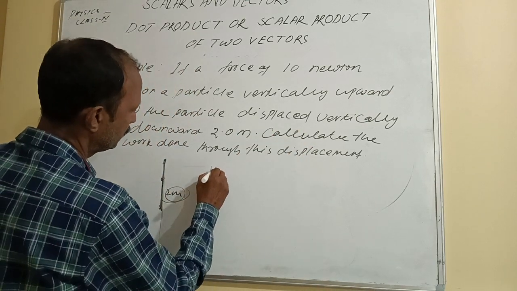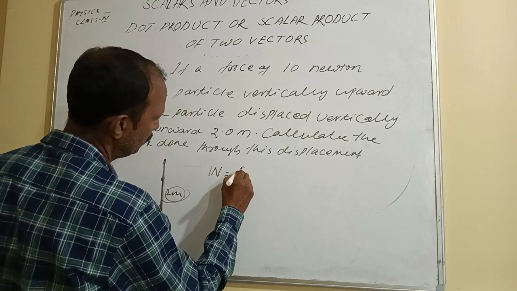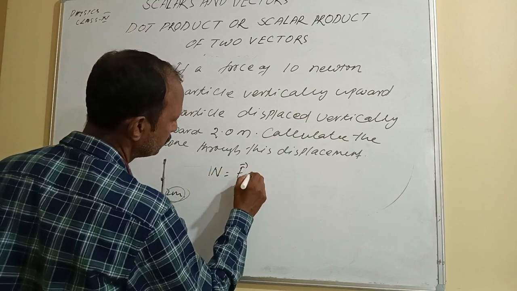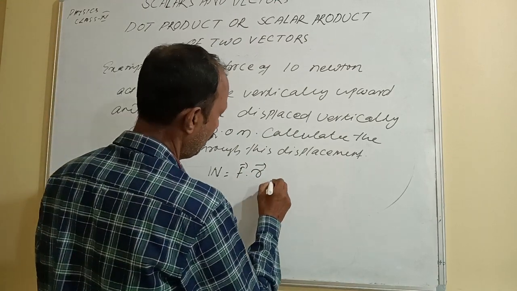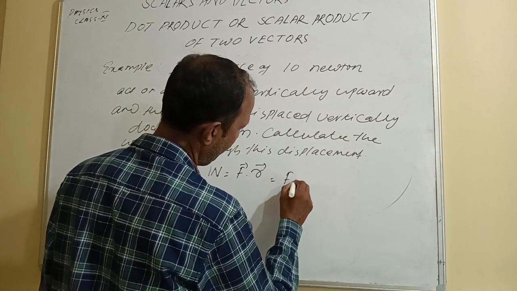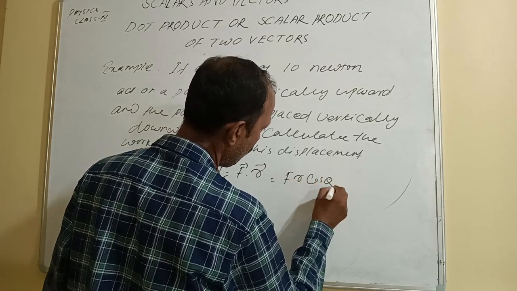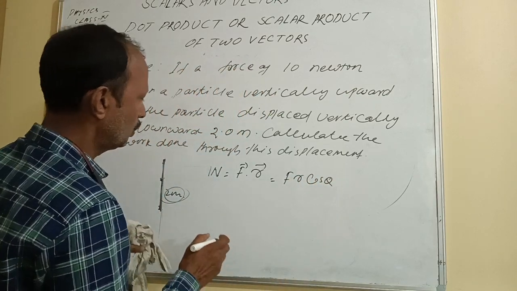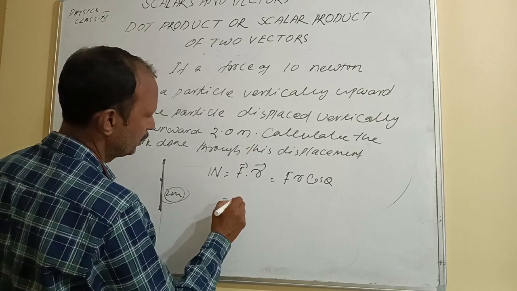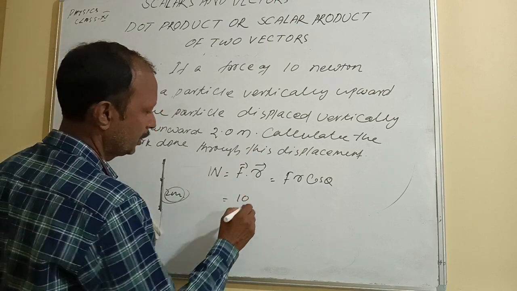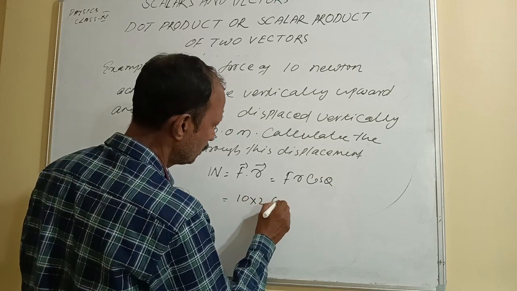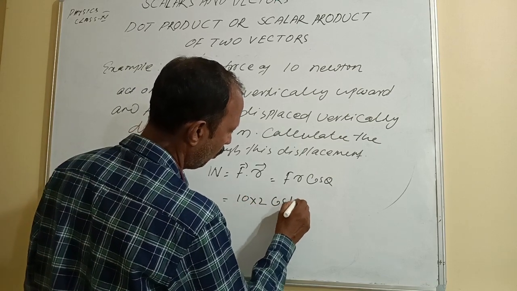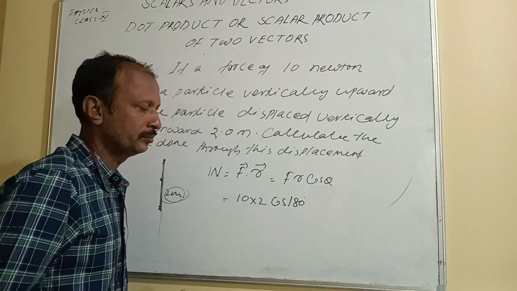So we know that W is equal to force into displacement. I can write that F r cos theta. So here force is how much? 10 Newton. Displacement how much? 2. This is cos 180 degree.